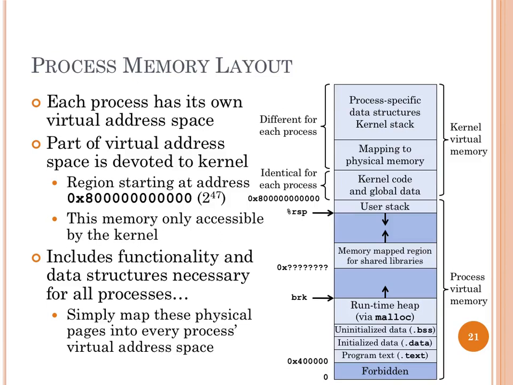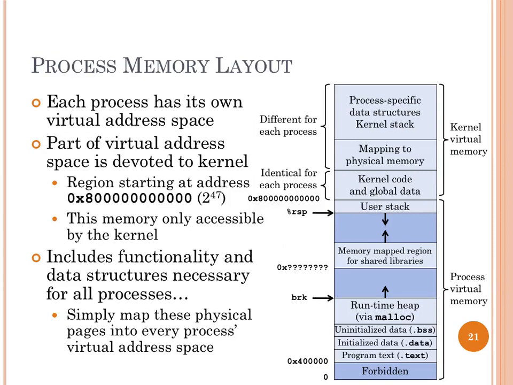Now, here's what's changed, and this was the reason why Donnie's story time will have to be cut short. Notice that the kernel code and global data is above this 128 terabyte address boundary. Some of it is unique per process. Some of it is identical because it's global information that the kernel needs to do its thing. Because remember that when we context switch, we come into the kernel on one process's address space, so you have all the stuff mapped in for the kernel.